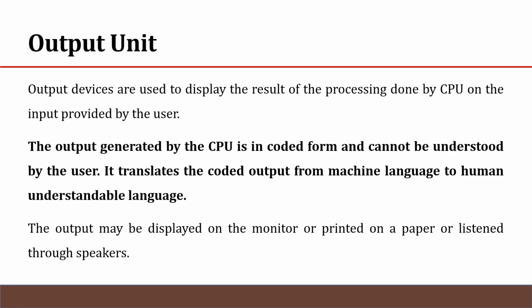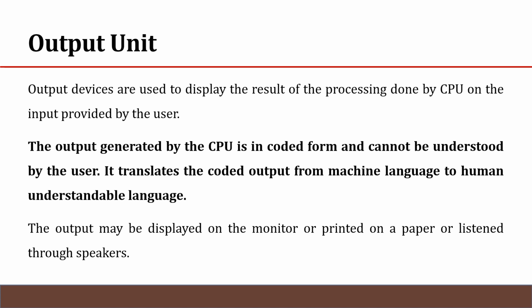Now let's look into the output unit. The output devices are used to display the result of the processing done by the CPU on the input provided by the user. The output generated by the CPU is in coded form, and so it cannot be understood by the user.